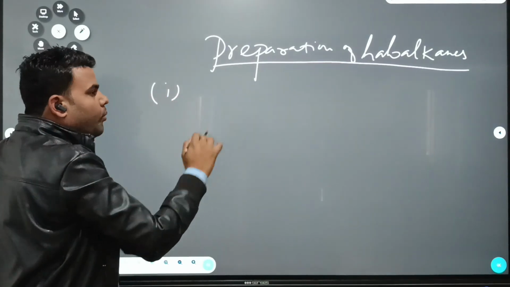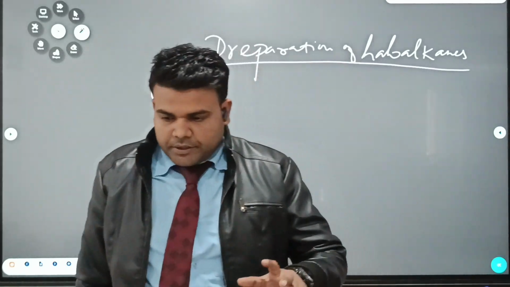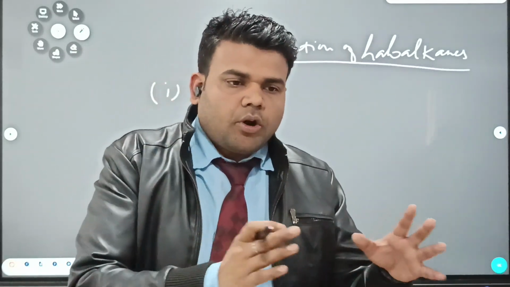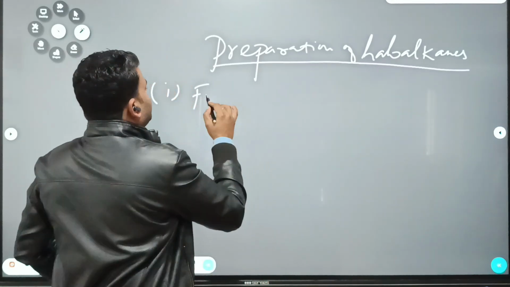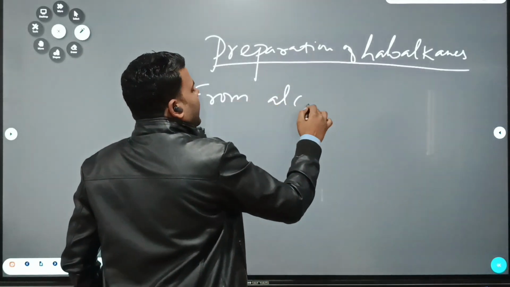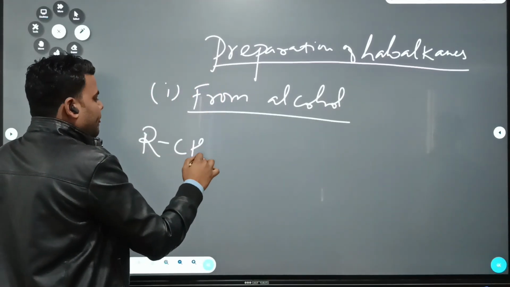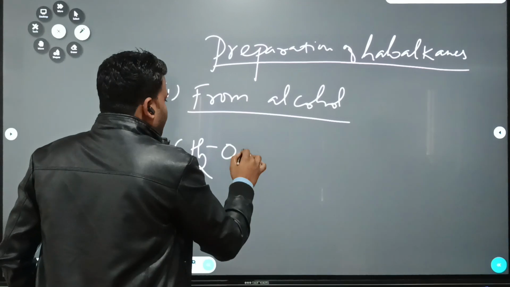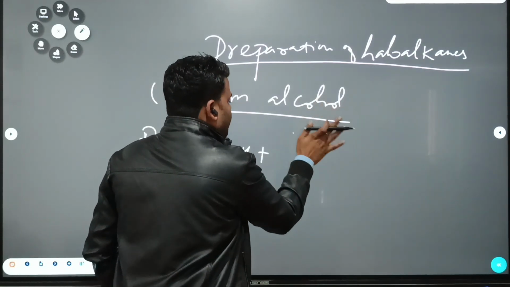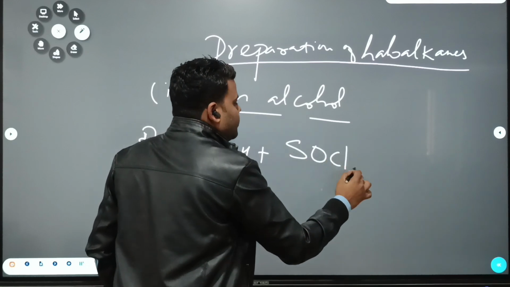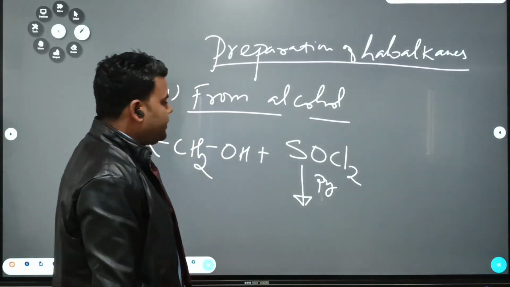The important one is the reaction of alcohol with thionyl chloride, which is considered the best method for the preparation of haloalkanes. So here we have an alcohol, and it is allowed to react with thionyl chloride. The formula is SOCl2. This reaction is carried out in the presence of the base pyridine.